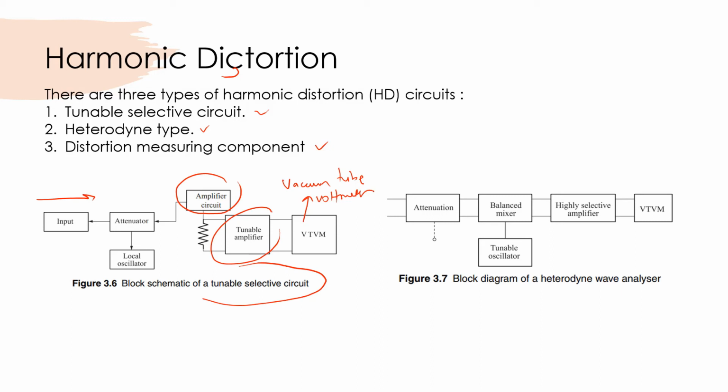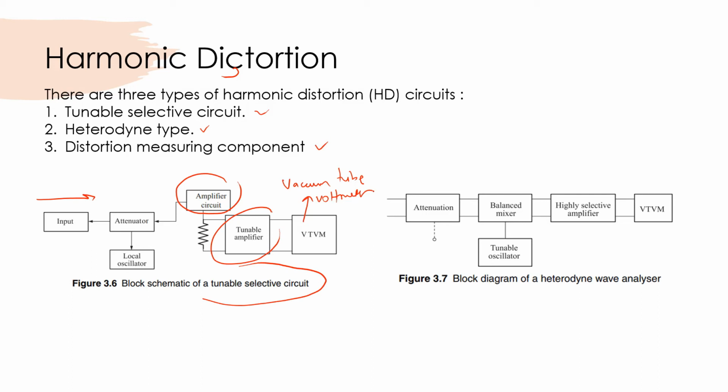Okay. And then the disadvantage of this tunable selective circuit is that at a low frequency, the size of L and C is very large, because we use the attenuator, and also we use the amplifier circuit and tunable amplifier, so we need the size of LC.